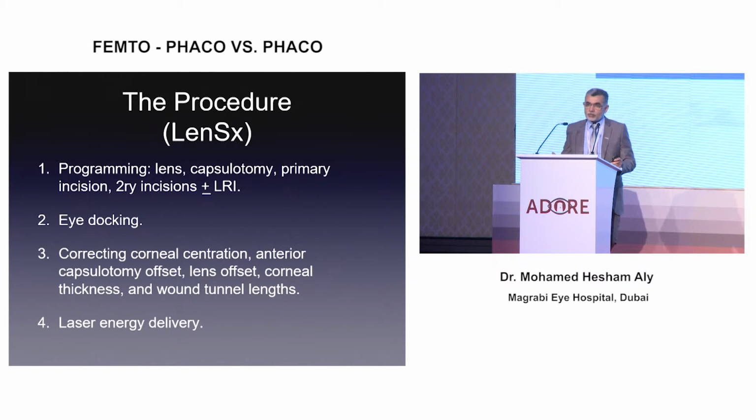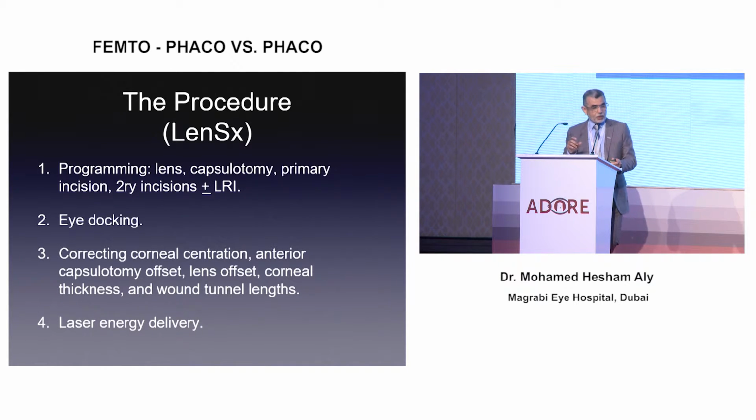We have steps for the femtophaco. First, the programming: you have to program the machine according to your preference. Actually, this 5.5 capsulorhexis is now, I think most of us will take like 4.8, sometimes 4.5 diameter for the capsulorhexis.